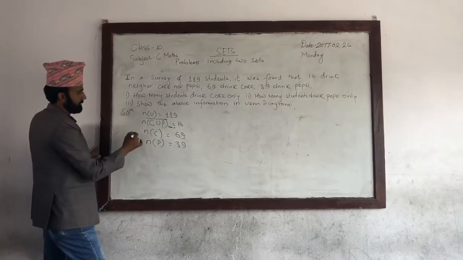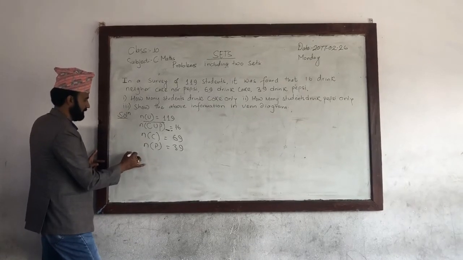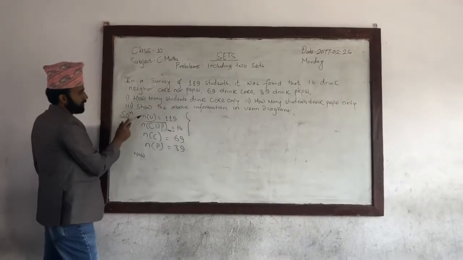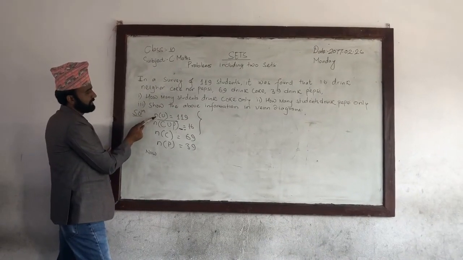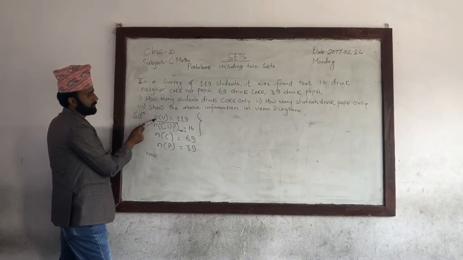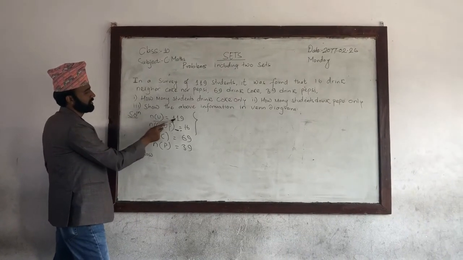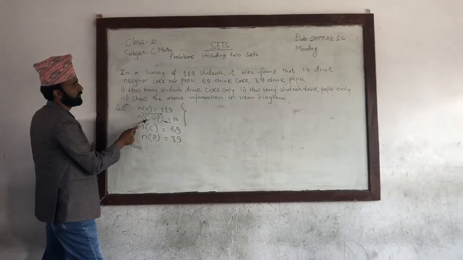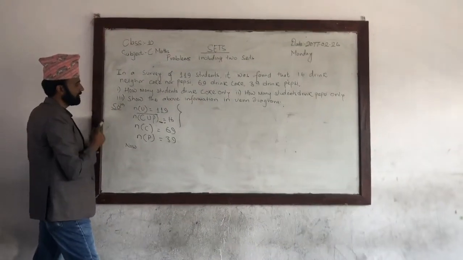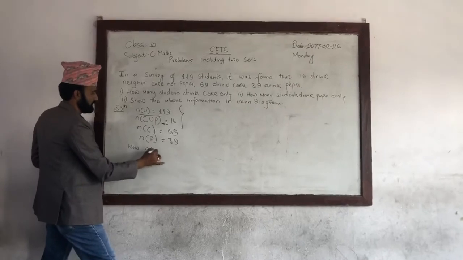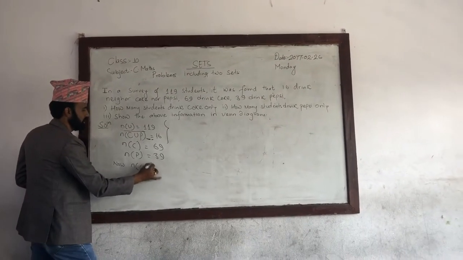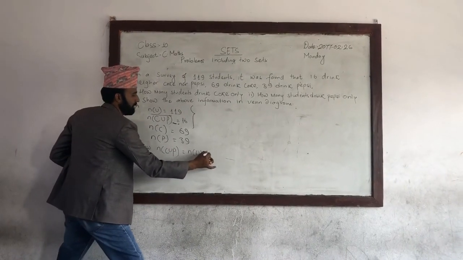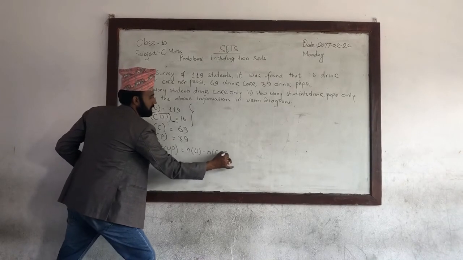Now you can see this. The total number of students participated in the survey are 119 and the number of students who drink neither Coke nor Pepsi is 16. Now can you please tell me n of C union P is equals to what? n of U minus n of C union P complement.